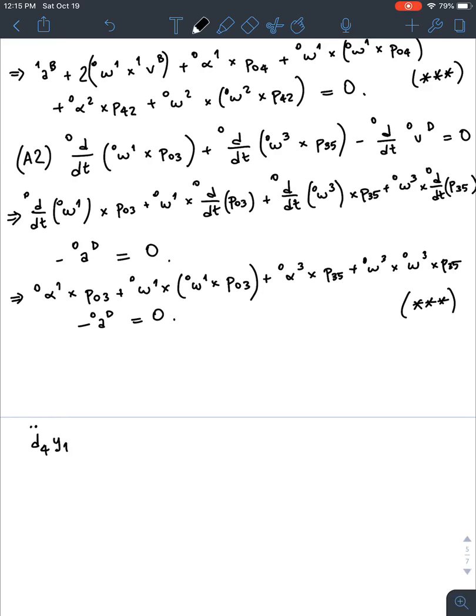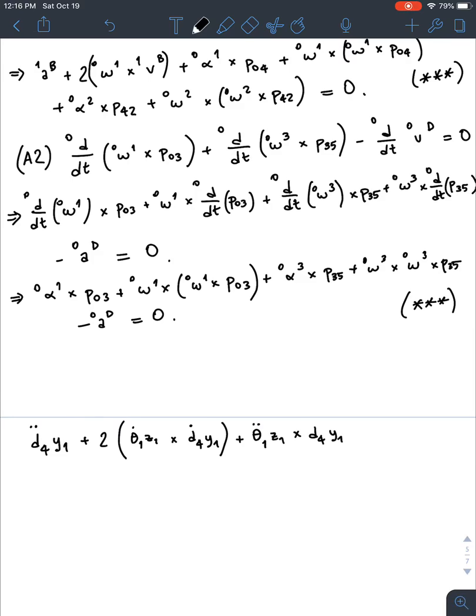Okay? Plus 2 times angular velocity of 1 in 0. What is that? That is theta 1 dot in the z1 direction, cross velocity of B in 1, we said was d4 dot in the y1 direction, plus angular acceleration of 1 in 0, that is equal to theta 1 double dot in the z1 direction, cross p04, that was d4 in the y1 direction.